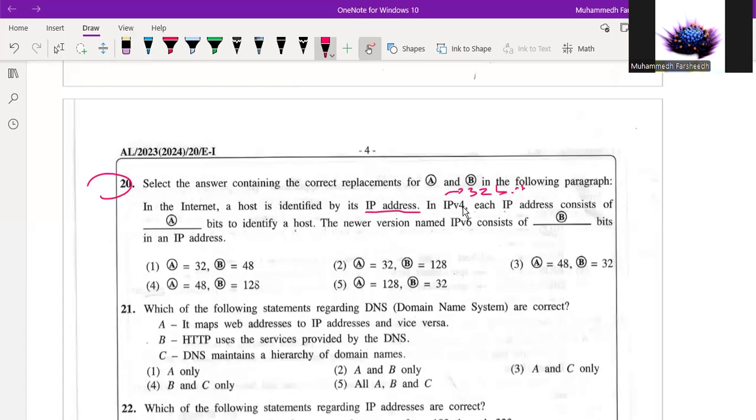They're asking the number of bits: 32 bits to identify a host. The newer version, IP version 6, has 128 bits, which is 4 times larger than IP version 4. Yeah, it's a simple question.